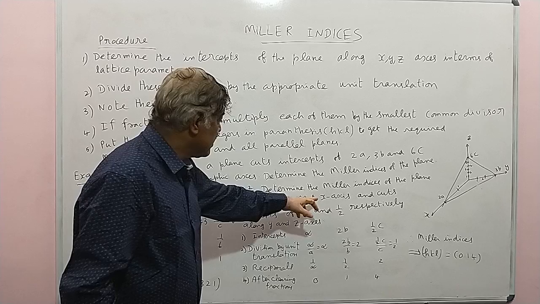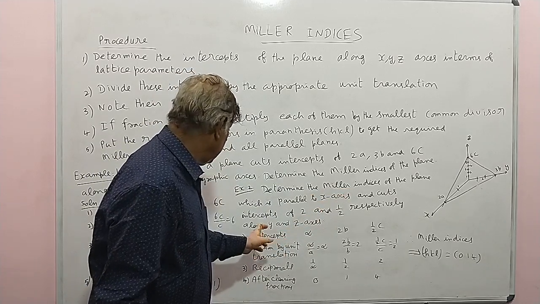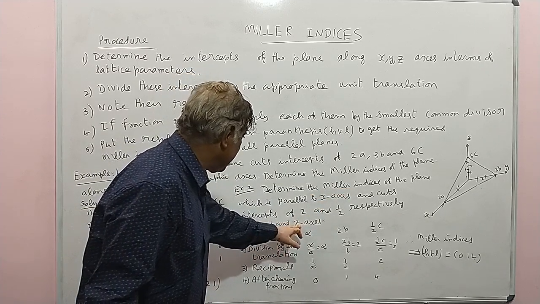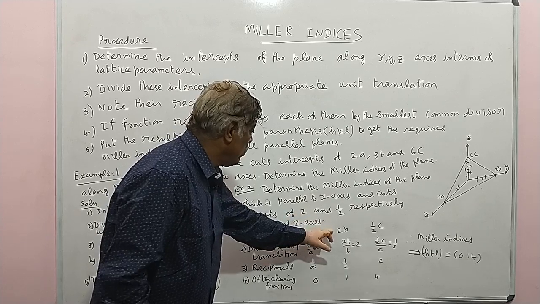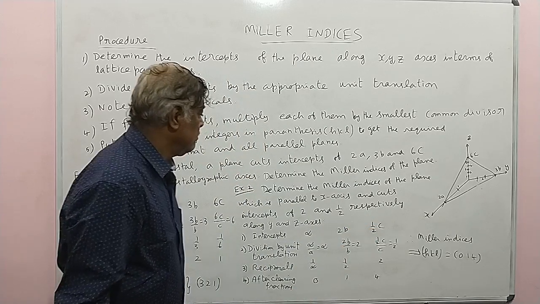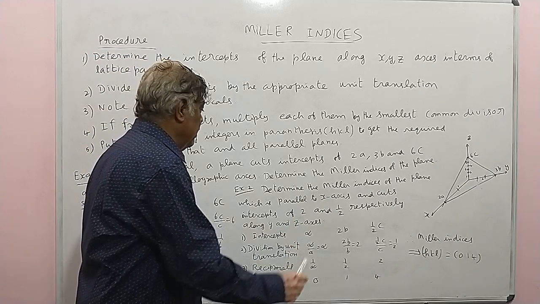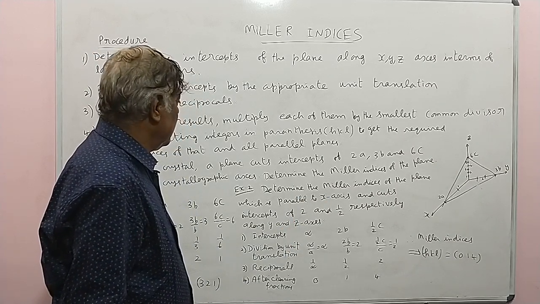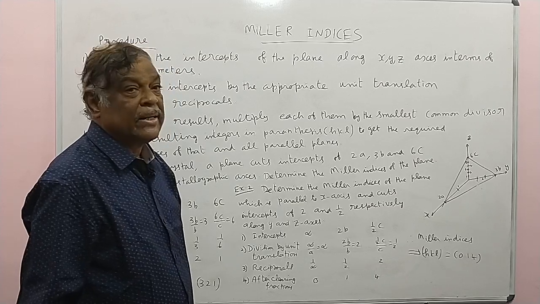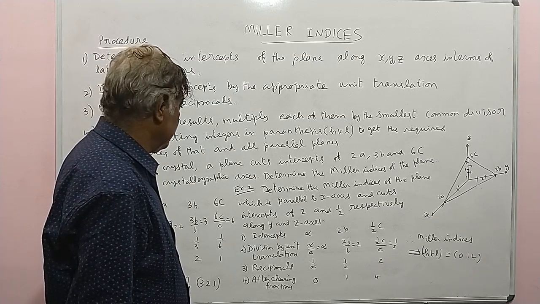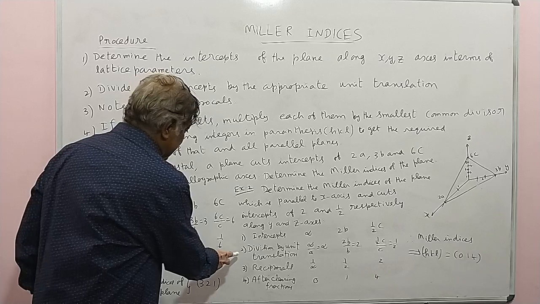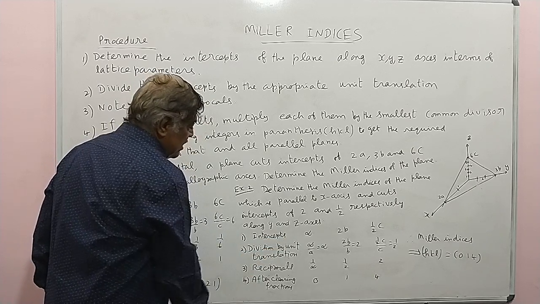Along the x axis it is infinity, and along the y and z axes the intercepts are 2b and half c, where b is the unit translation along the y axis and c is the unit translation along the z axis. Now the second step is division by unit translation.